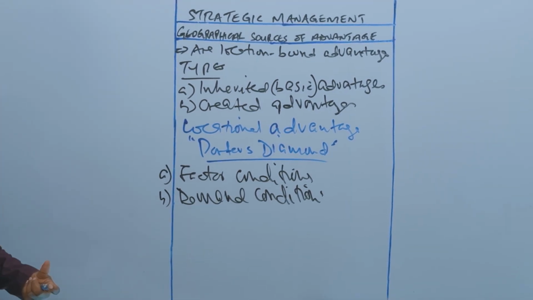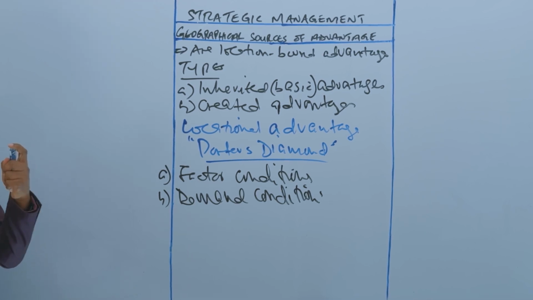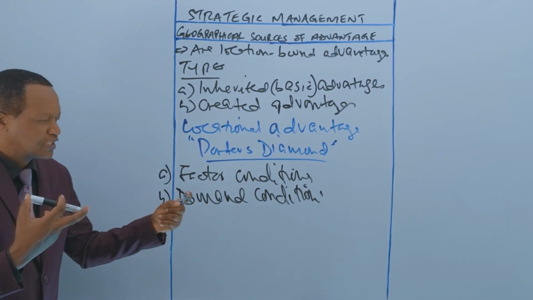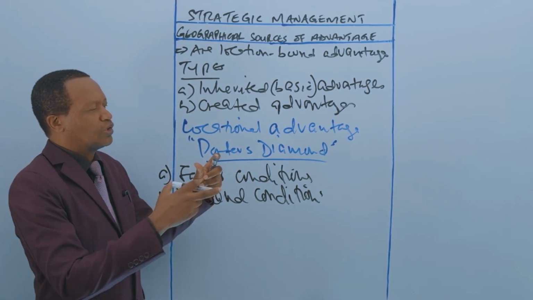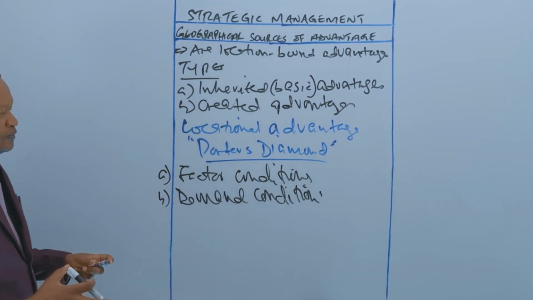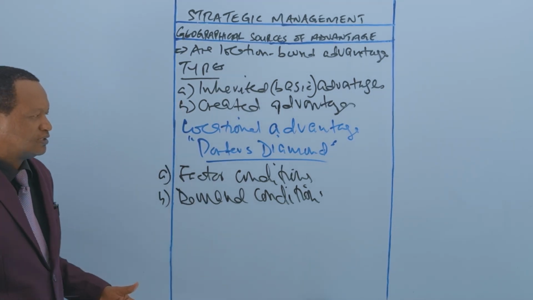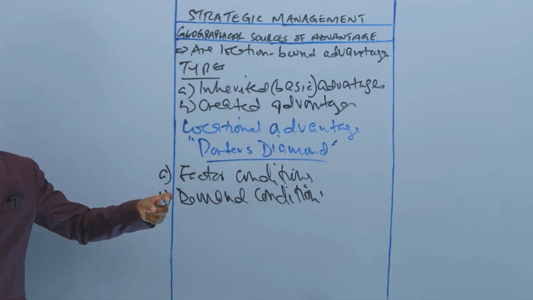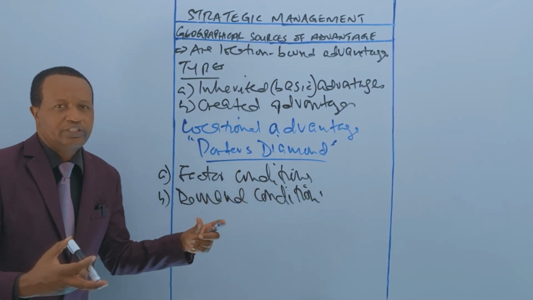For example, Japanese consumers demand smaller, more efficient electronics, which pushed companies like Sony and Panasonic to the global scale. They get pressure from the local demand, which then pushes the companies to lead globally. These are demand conditions.